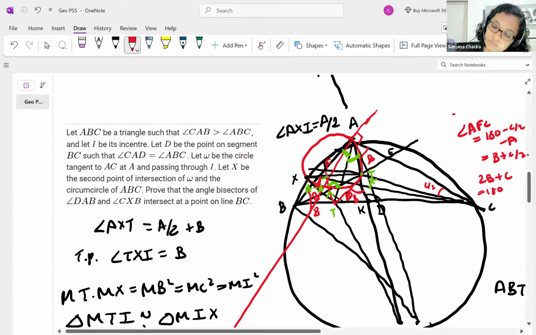Which is 180 minus, what is this? Okay, let's just say it's 2B plus C. So if AFT is this, then can we find AIT?